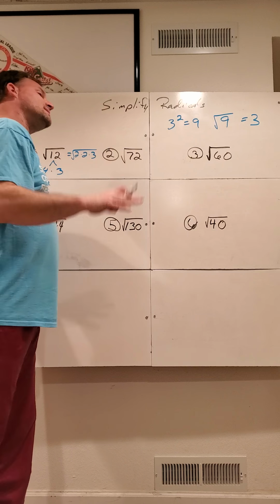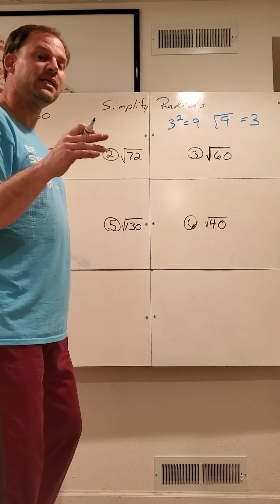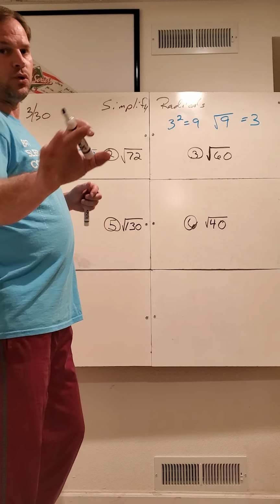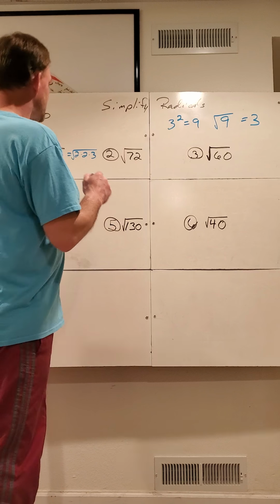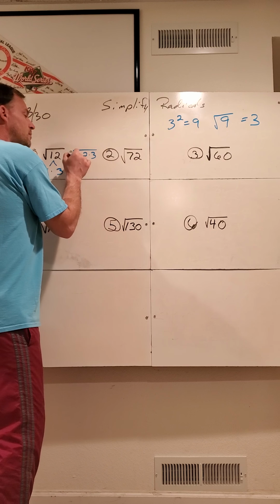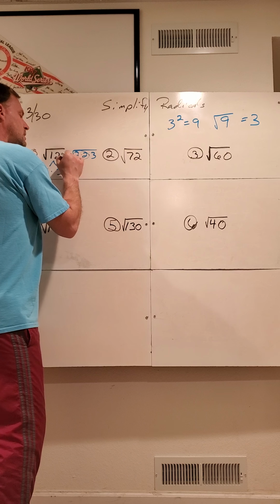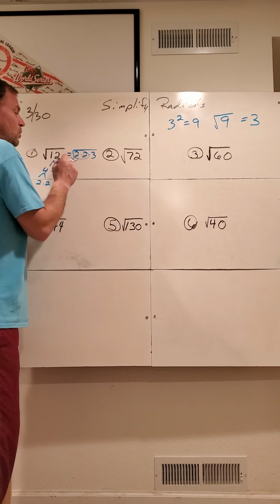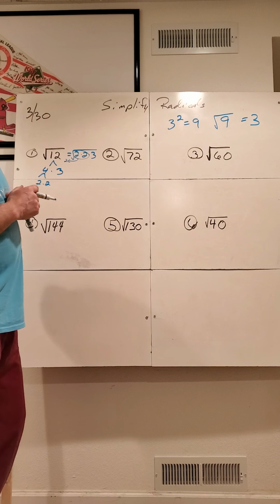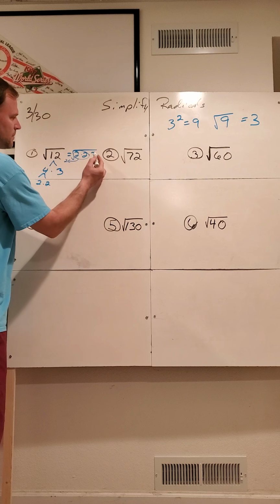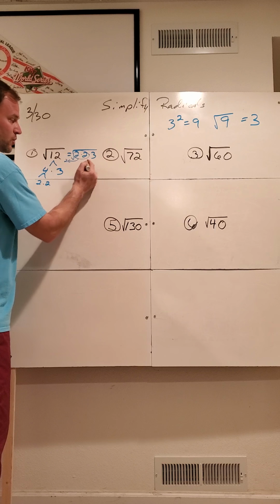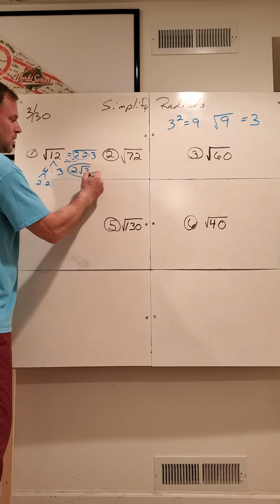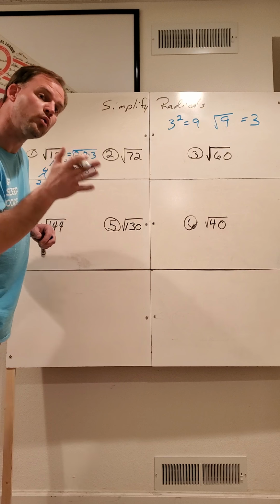Now, here's where the simplifying part comes into play. A lot of different ways that I can explain this to you. The simplest way that I've ever found is anytime there's a pair of numbers in, they get out and make 1, 2 on the outside of the radical. So what does that mean to us? That means the pair of 2s are out, there's a 3 in, so this simplifies to 2 root 3.